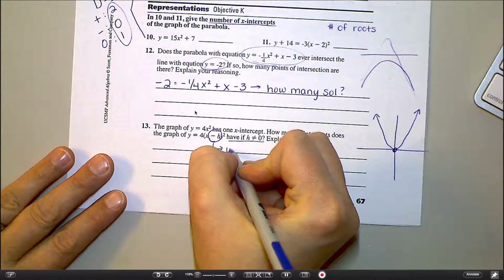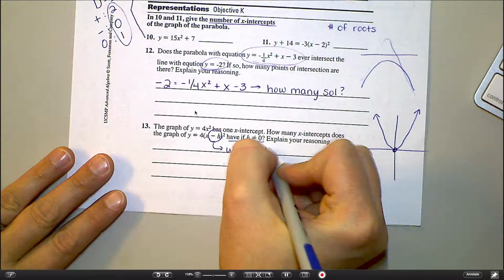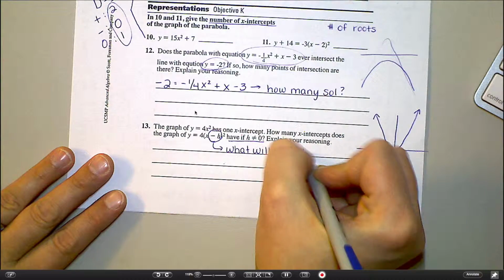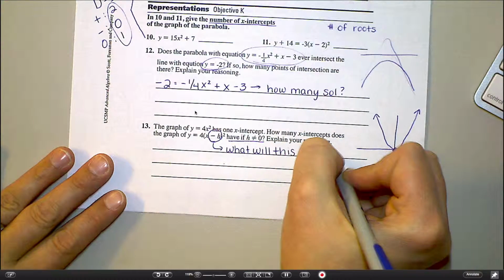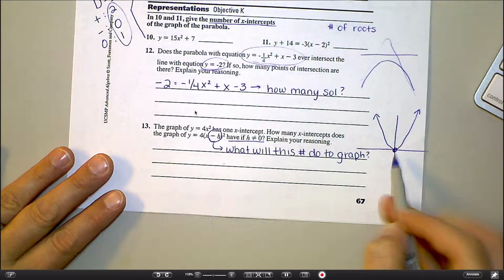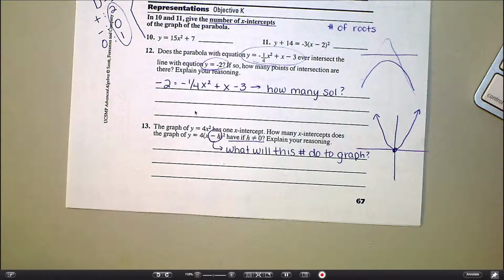So ask yourself, what will putting a number do to the graph? And once you know that, you can think about it in terms of this picture and think about, is it going to affect my x-intercepts? Is it going to change how many x-intercepts I have? And if so, how will it change?